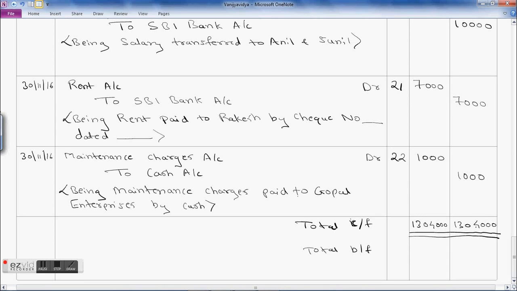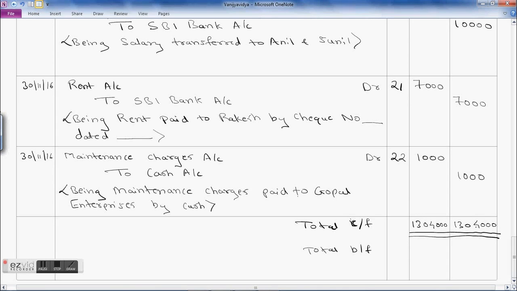Now in this there were some simple entries. Now there will be some complicated entries. So just to keep a check, you need to take a total. The total of debit and credit should always match. If it matches, there is a 90% chance that all the entries are posted properly. I am saying 90% chance because if you make an error in considering the type of account, and whatever account has to be debited you credit it, and whatever account has to be credited you debit it, still the total will be the same, right?